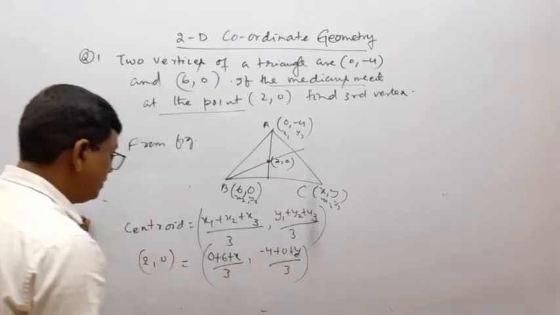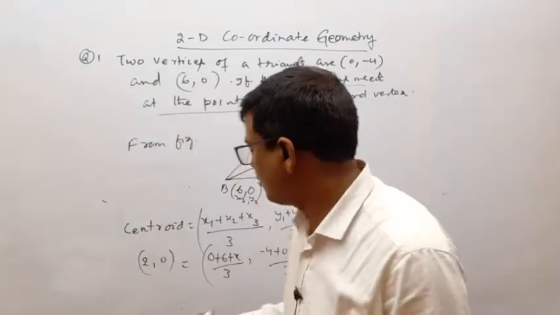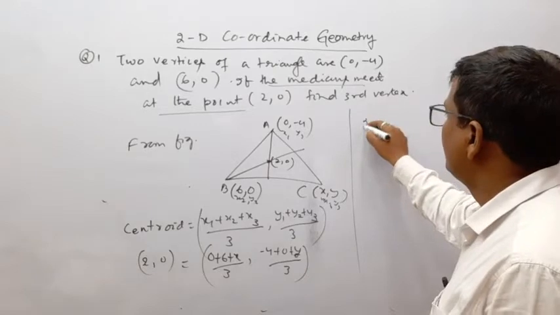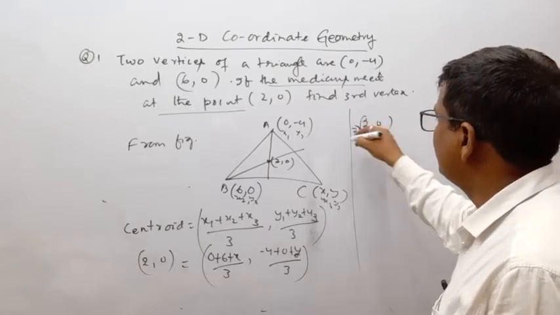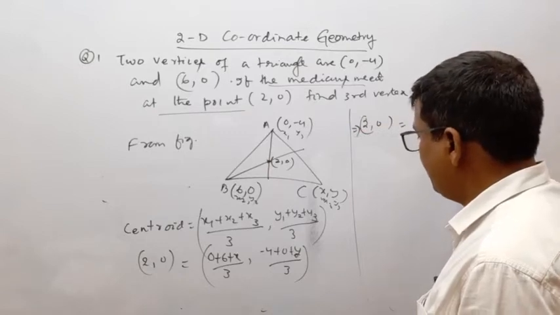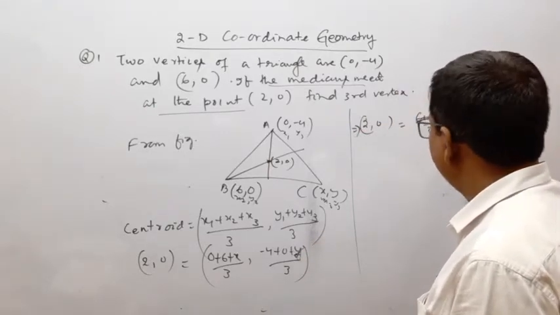So 2 comma 0 equals (6 plus x) by 3, and (y minus 4) by 3.